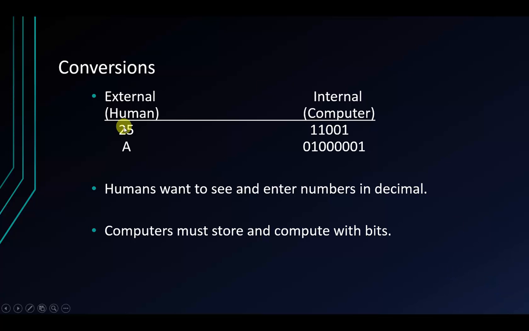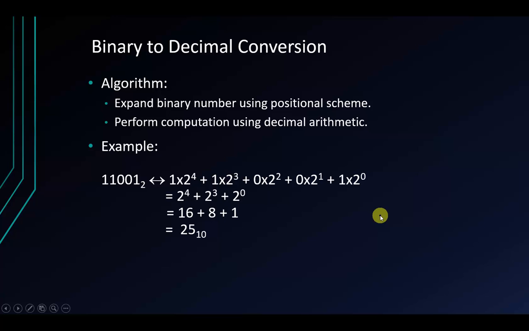So the conversion of decimal 25 to binary is 11001, or the letter A to some binary representation. Let's take another quick look here at a different method of achieving things. We have a simple algorithm using the positional scheme.